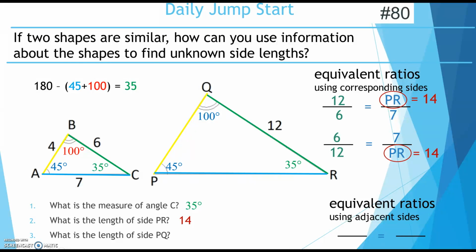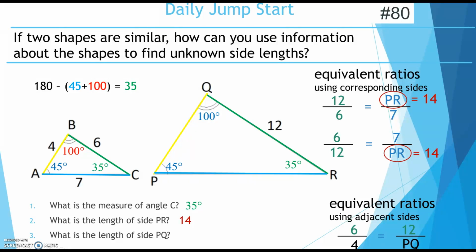So I'm going to set up a ratio here. You can pick any two sides that are next to each other. I'm going to use 6 over 4. And I'm going to set that equal to the ratio from the larger triangle using the same corresponding side lengths here, but within the larger triangle. So I'm looking at the green side here, 12 over the missing side length here, PQ.